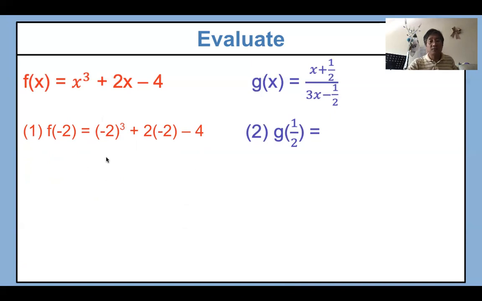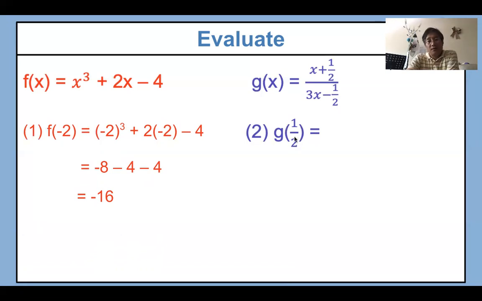But without parentheses, if you put it into the calculator, in this case you will get the right answer, only this case. But most of the time, you will get the wrong answer. Please remember, use the parentheses. So negative 2 to the third power is negative 8. 2 times negative 2 is negative 4. Minus 4, the answer is negative 16. Is it clear?